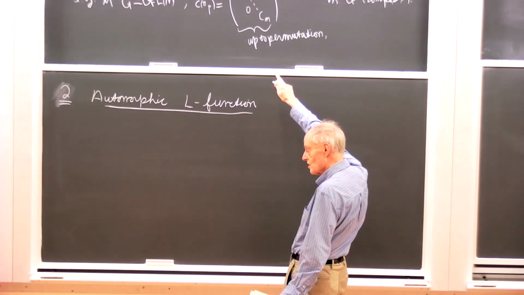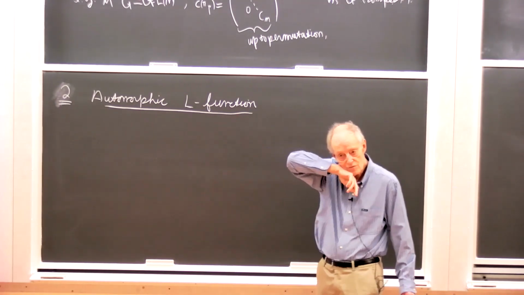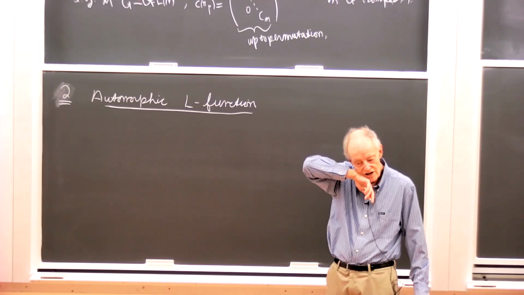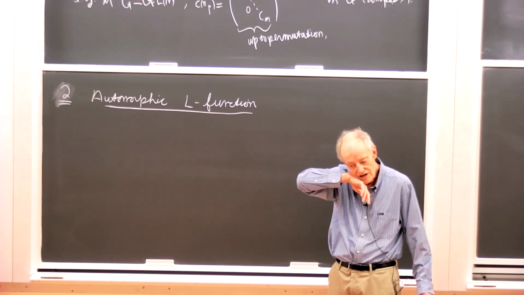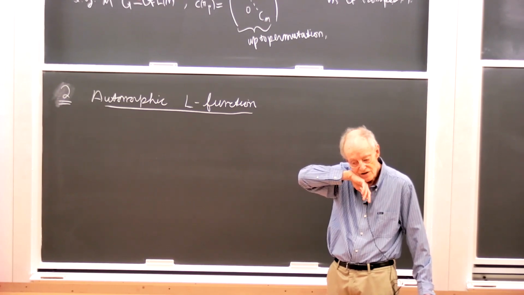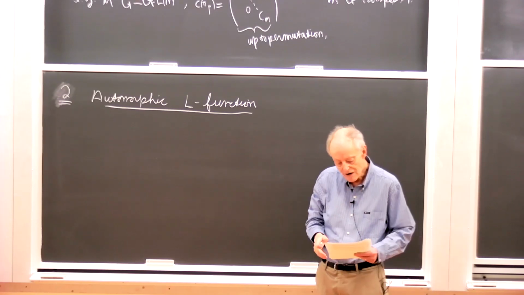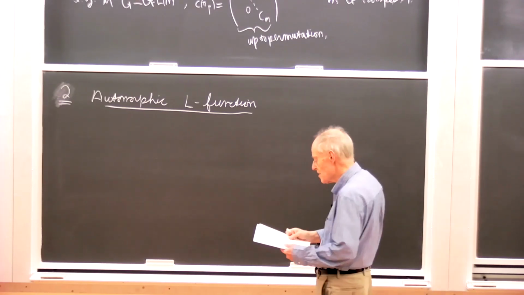That's not what you have for a general split group. The dual group is something different from GLN. So you need an extra piece of data. And again, this must have caught people by surprise in Langlands' article, and they perhaps scratched their heads, not knowing quite what to make of it.